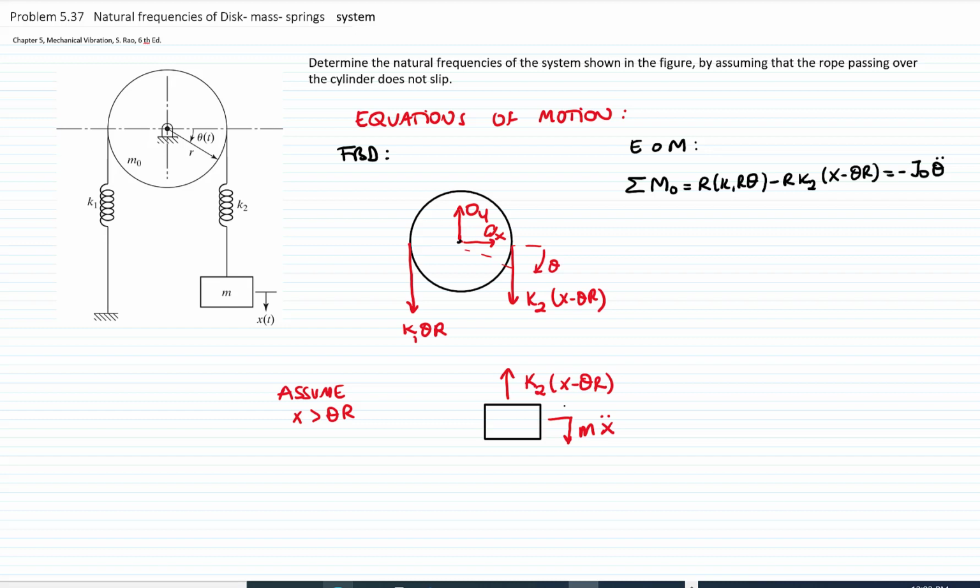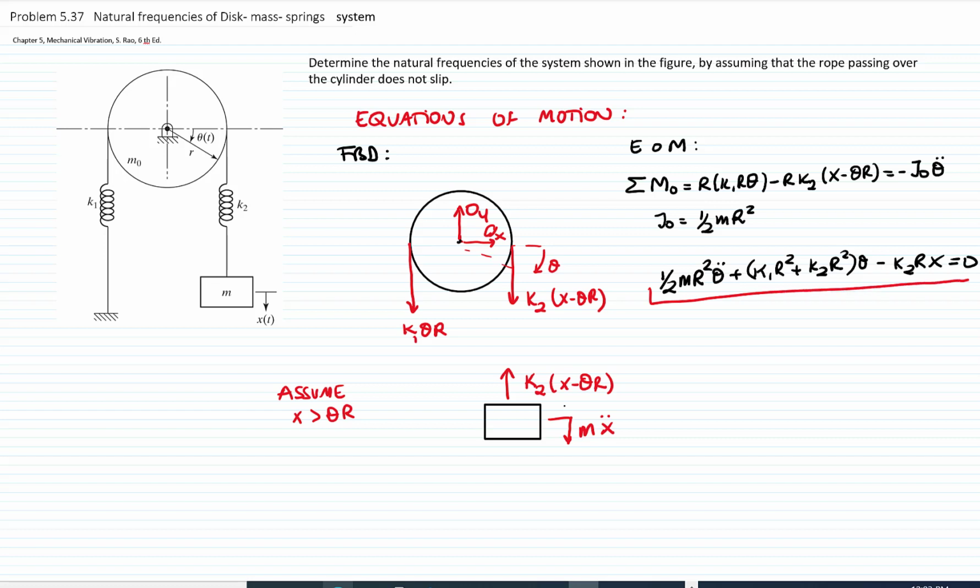And that's negative because this is rotating clockwise. The mass moment of inertia of a disc is 1/2 m r squared. And then I have that the first equation of motion is 1/2 m r squared theta double dot plus k1 r squared plus k2 r squared times theta minus k2 r x equals 0.